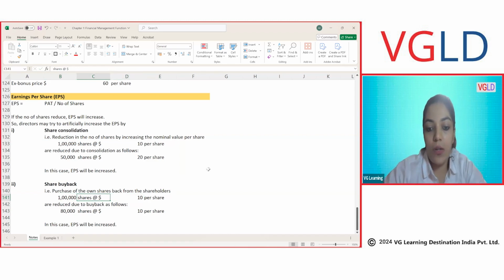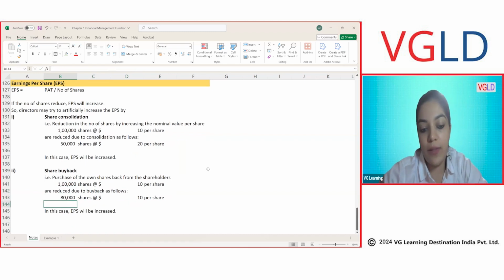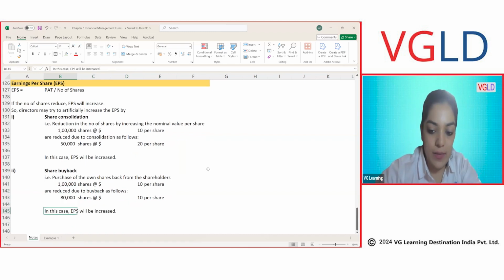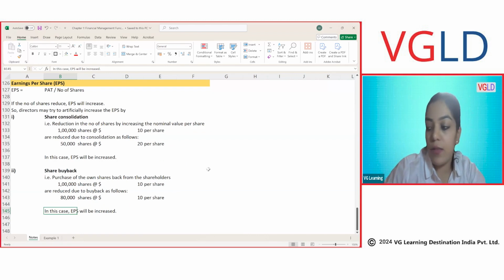So in this case also, EPS will get increased. Clear? These are the tactics which directors may engage in just to increase the EPS.